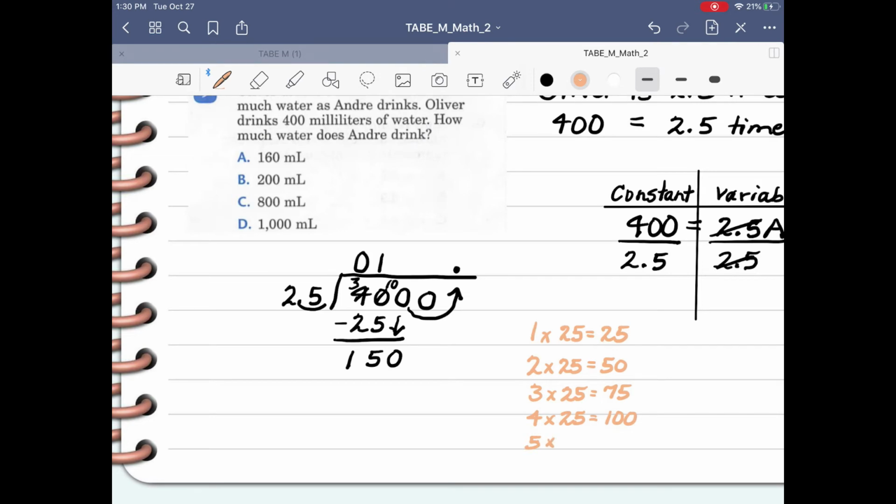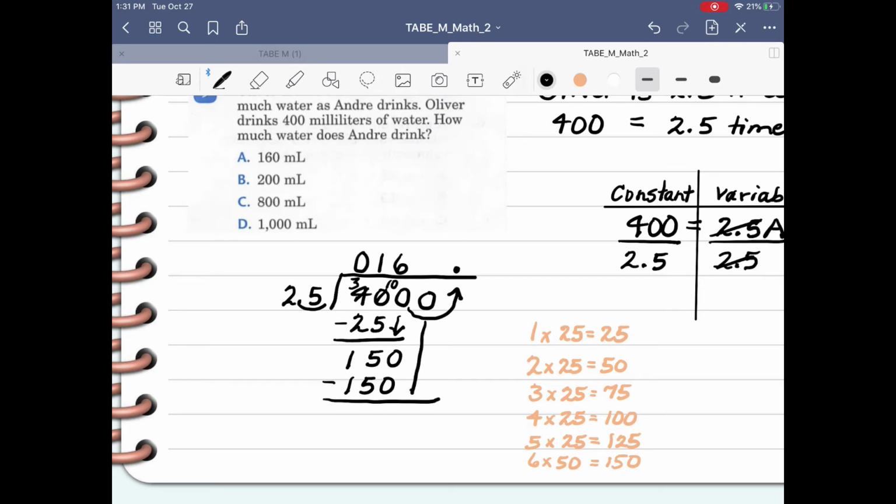You can think of money, quarters, and do these a little bit more easily. Here's the one I want. At the 6th iteration, I get exactly 150. So let's say that would be 6 times for 150. But we're not done.